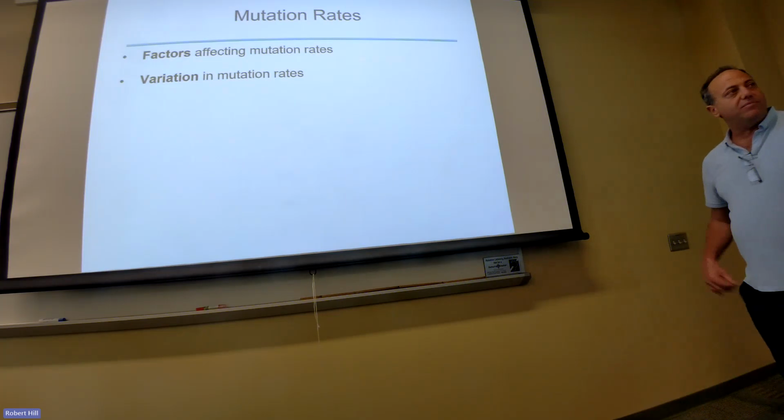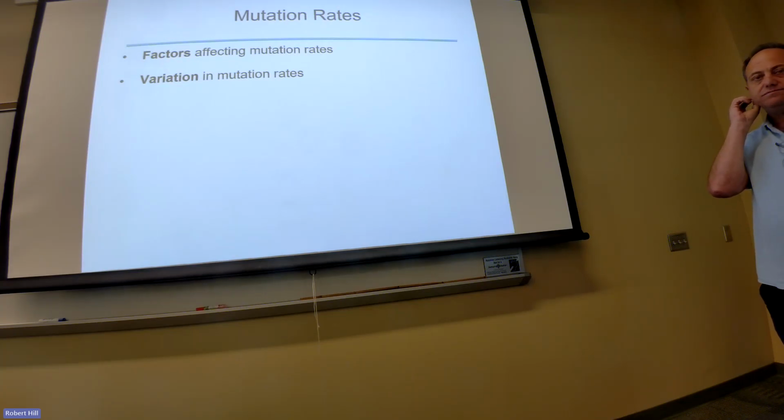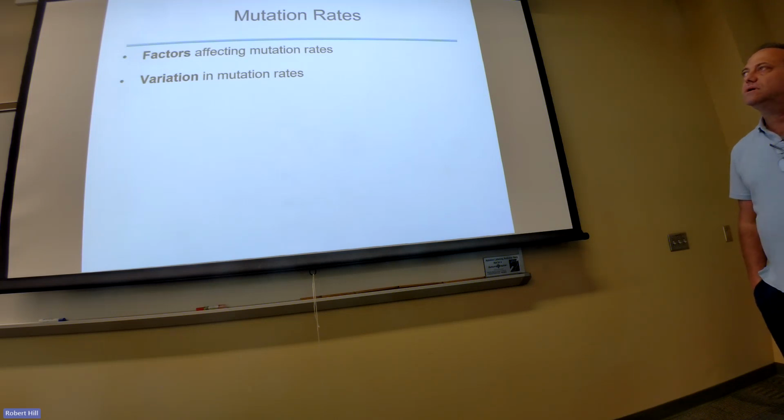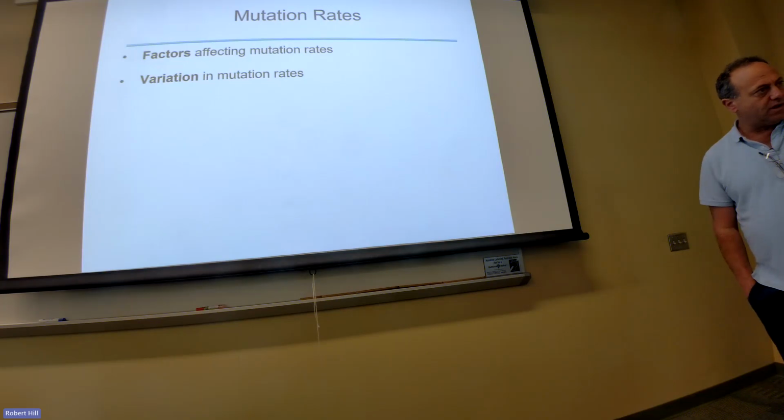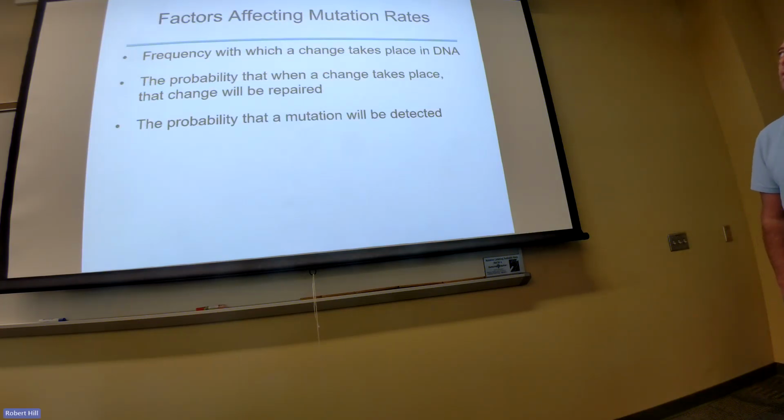Okay, so we're going to talk about mutation a little more. The stuff that I took out was the stuff on the translocations because I think it's a little tricky. But we're going to talk about what happens more chemically in the DNA that causes the mutations, and things that affect the rate. So what sort of factors affect the rate of mutation, the frequency of mutation?